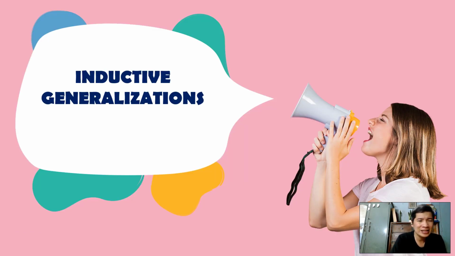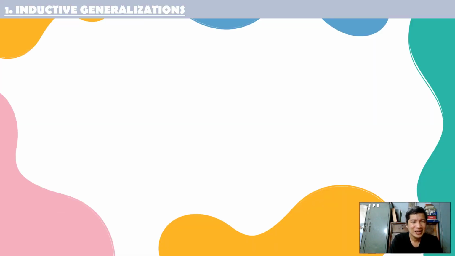Now let's go to inductive generalizations. First one, you can just guess from the word generalization. It comes from the adjective, what is it? General. And then the verb is generalize, and of course the noun, generalization. Right?